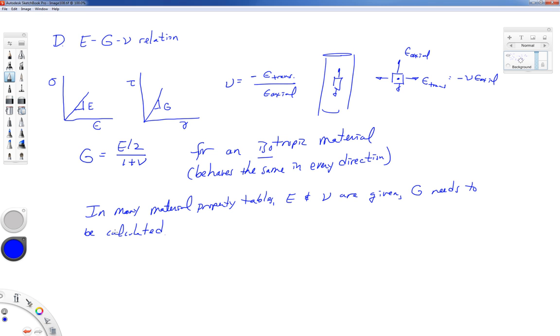Again, if you calculate G this way, you're making the assumption that your material is what's known as isotropic.